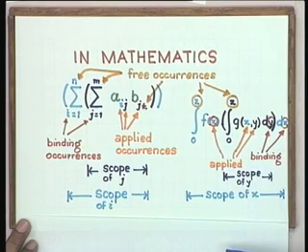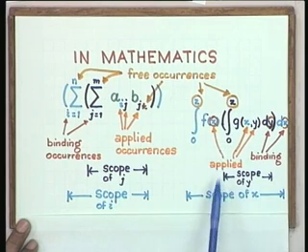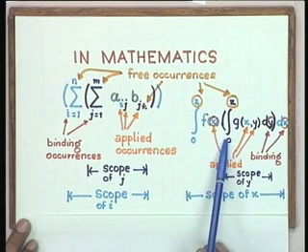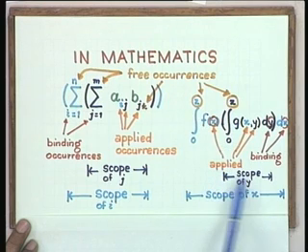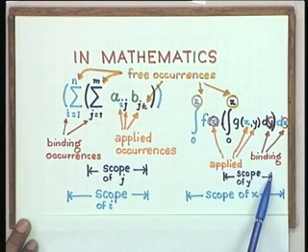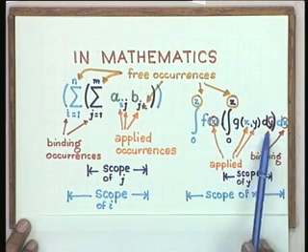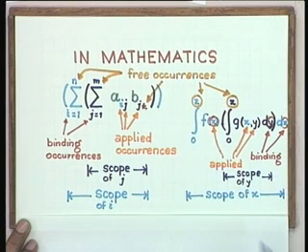Similarly, in the case of this double integral, the scope of y is in the dark blue region. It starts essentially from this integral symbol and goes right up to where the binding occurrence is, and the scope of x starts from this integral and goes right up to the binding occurrence.